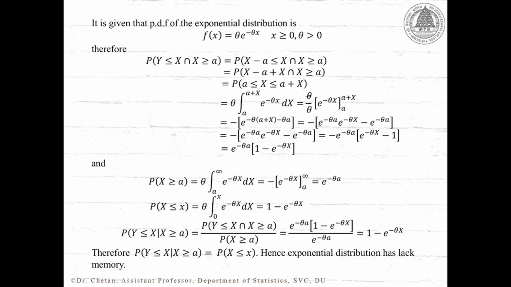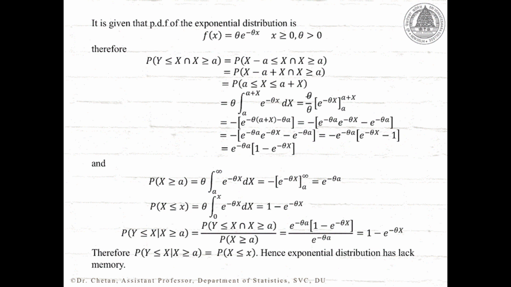Similarly, we can calculate the probability of x less than or equal to small x. It means we have to integrate from 0 to x, which equals theta into the integration from 0 to x of e raised to the power minus theta x dx, which is equal to 1 minus e raised to the power minus theta x.